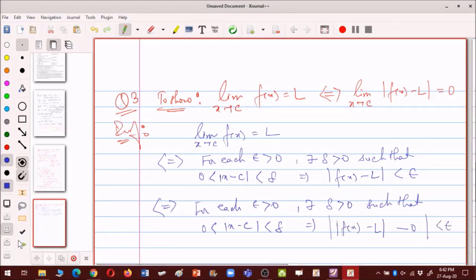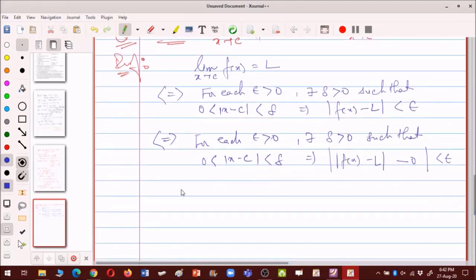So this is now my function, function minus 0 less than epsilon, so I can rewrite this in the form of this. Now by definition of this, it follows that limit x tends to c of |f(x) minus L| is equal to 0. So this is the proof of question number 3.